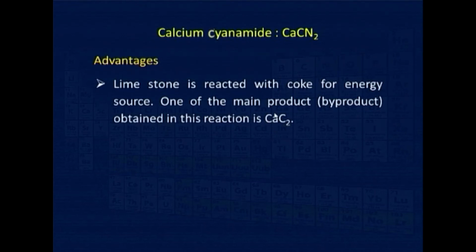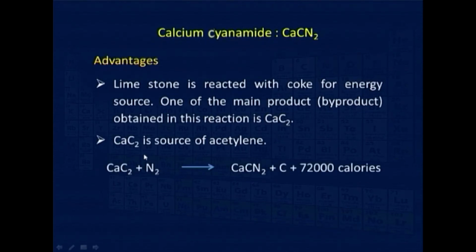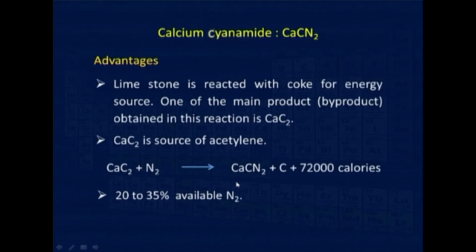This calcium carbide can be used as a source for acetylene or as a starting material for a fertilizer. So, when calcium carbide reacts with nitrogen at higher temperature, you get calcium cyanamide plus some energy released and carbon formation. This calcium cyanamide, which is produced from a byproduct, is also one of the best fertilizers. It gives about 20 to 35% available nitrogen.